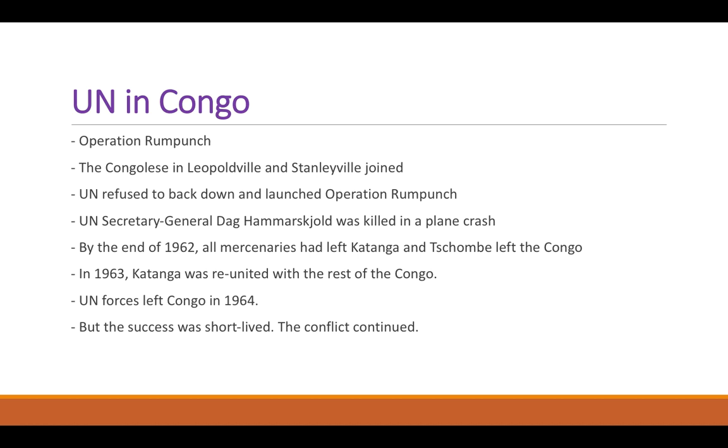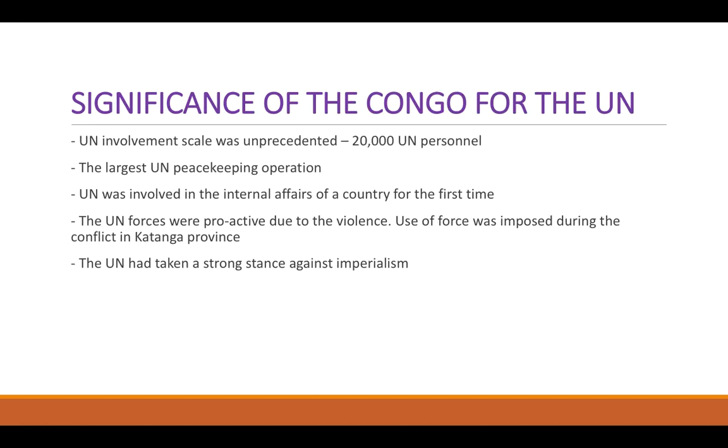The conflict continued between the local forces because Mobutu, the person who was in power, came with a military coup. So basically, the United Nations did a lot of work in Congo, but in the long term it wasn't successful because as soon as they left, the conflict continued.